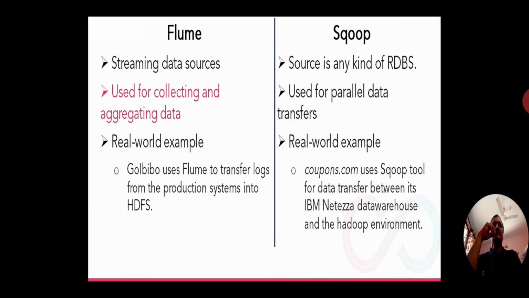So it is a direct connection from the data generating point to HDFS, whereas coupons.com uses Sqoop to transfer its IBM Netezza data warehouse to the Hadoop environment.